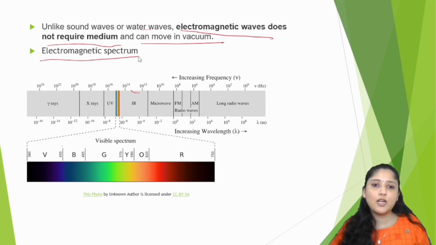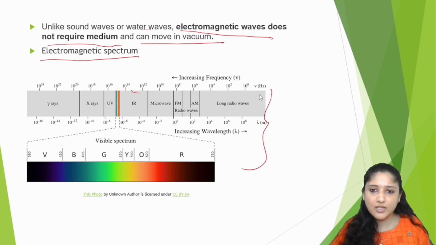This represents the electromagnetic spectrum, in the order of increasing frequency, from this side to this side. Frequency increases in this order, and as a result wavelength decreases in this order.